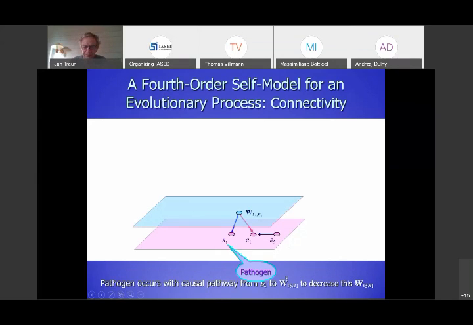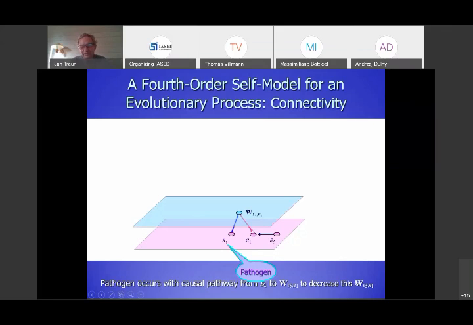But then the pathogens came in, and what they did, they made a causal pathway, this one, to affect your own causal pathway. And this is just a W state like we had before, not for Hebbian learning this time, but still to represent this connection.